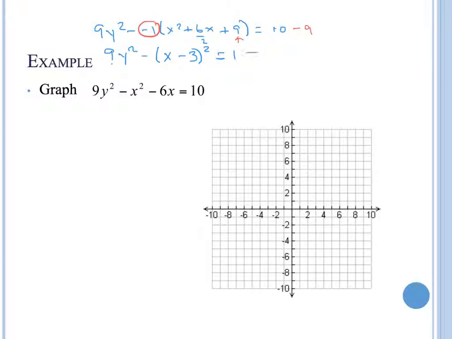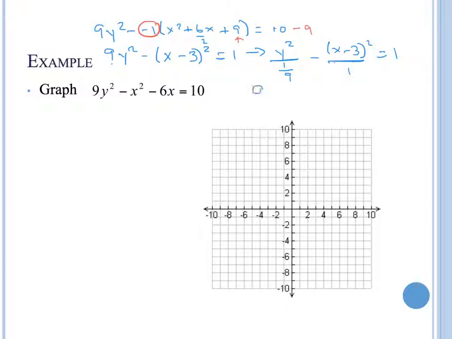So multiplying by 9 is the same thing as dividing by 1/9, which is not how we normally work with this, but I need a divided by to put this in the form for a hyperbola. Minus x minus 3 squared, technically over 1, equals 1.